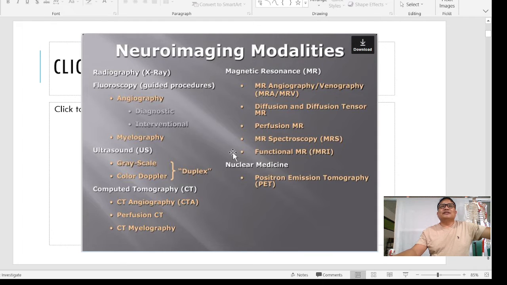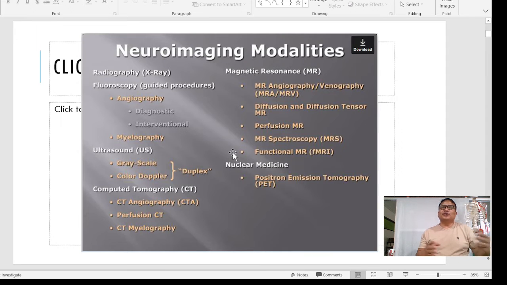So neuroimaging modalities. What are the modalities that we use for neuroimaging? First we have radiography, which is an X-ray, and next we have fluoroscopy. Fluoroscopy is a procedure in X-ray in which a contrast is injected to the patient. It might be diagnostic or interventional. When you say interventional, that is treatment.